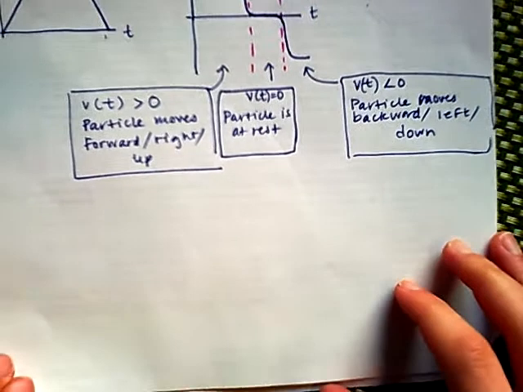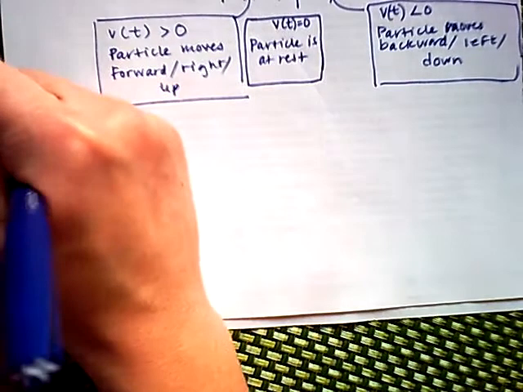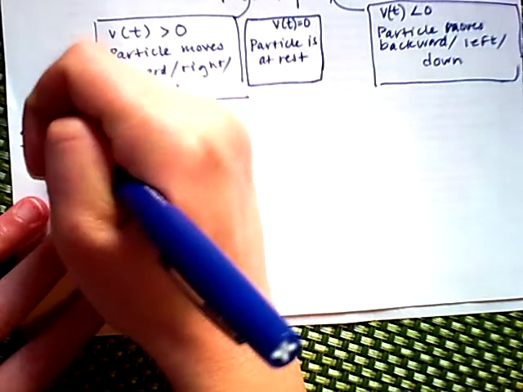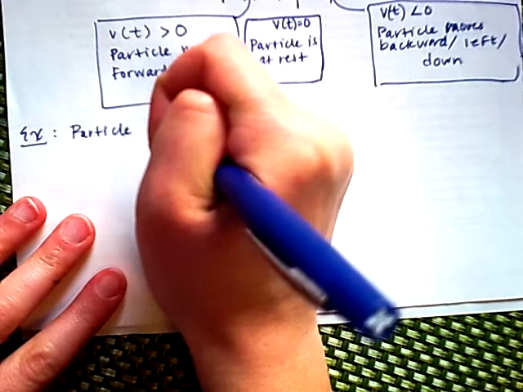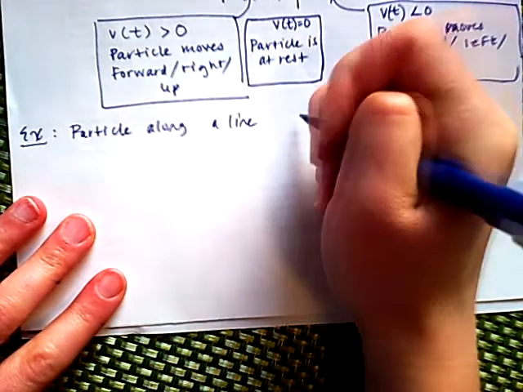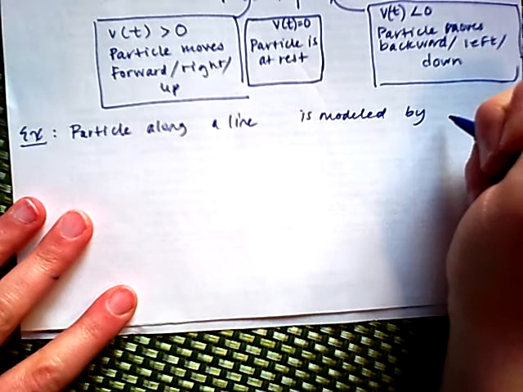So now I want to see, how does this work if I give you an equation? Suppose I have an example problem where a particle along a line is modeled by some equation.